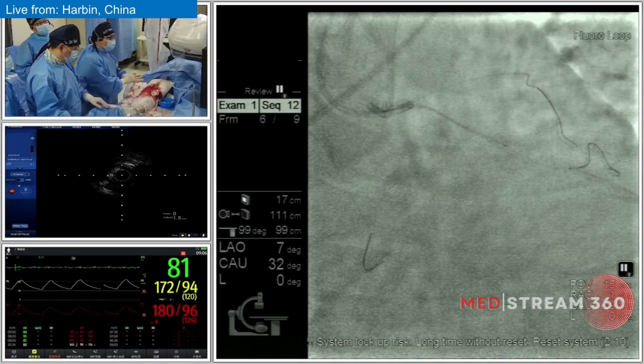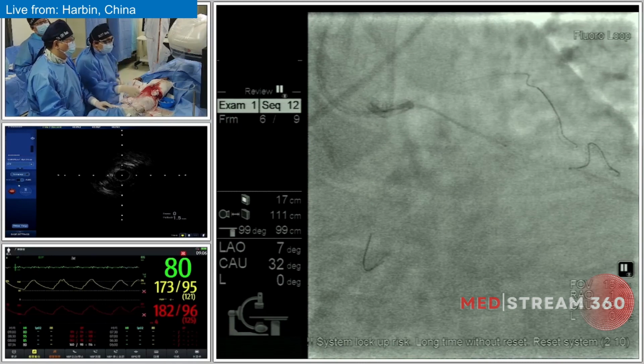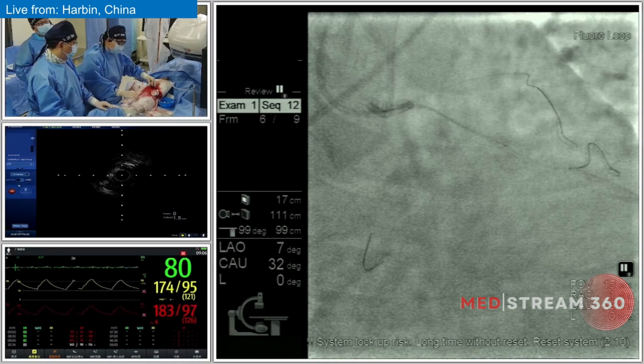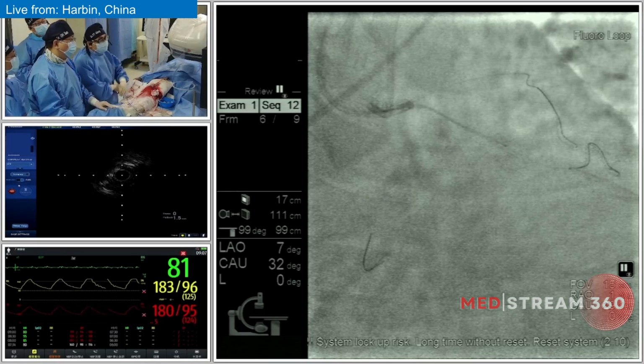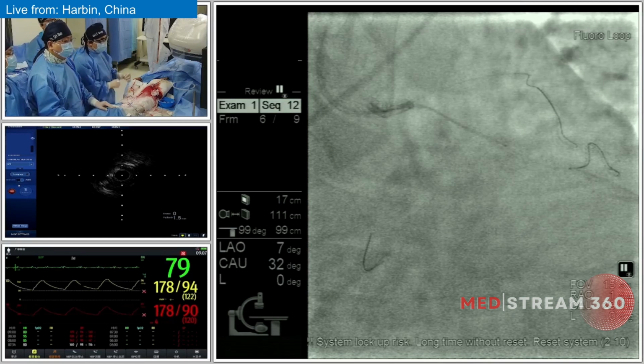All right, so based on the anatomy of this lesion, because we can see a tapered proximal cap, and the condition of the contralateral is not that good, the antegrade approach is preferred, right? As you mentioned, we could do the antegrade wiring technique. If the wire goes into the subintimal space, we can do ADR, right?